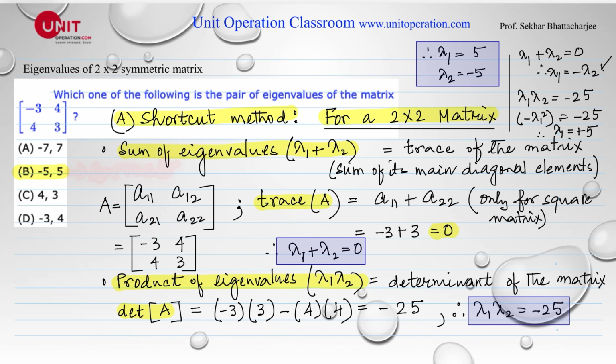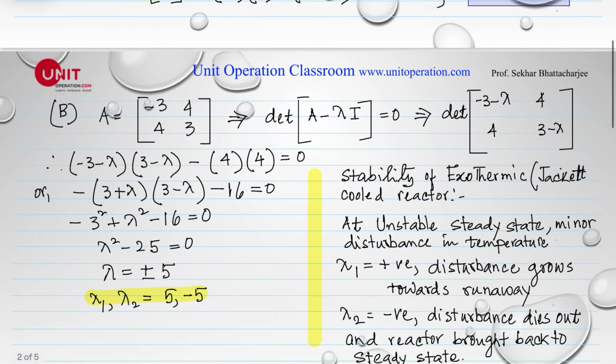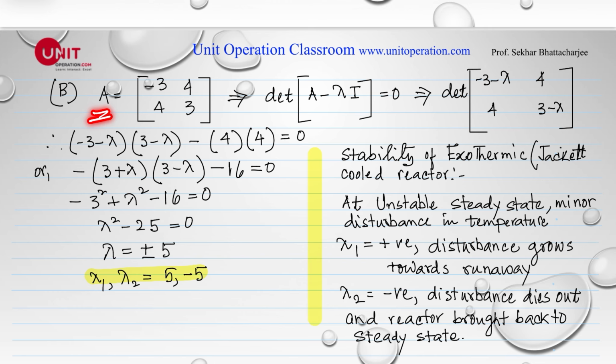So we go by the other method. If A is the matrix, then we have to find the determinant of A minus lambda I, where lambda is the eigenvalue and I is the identity matrix, which is equal to 1, 0, 0, 1. So this would be equal to negative 3 minus lambda, 4, 0, and 3 minus lambda.